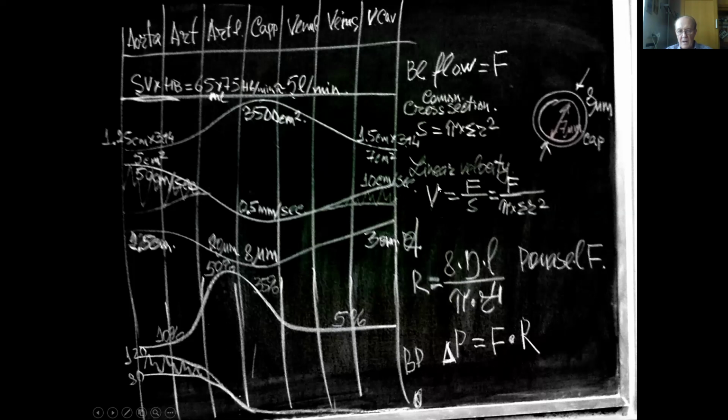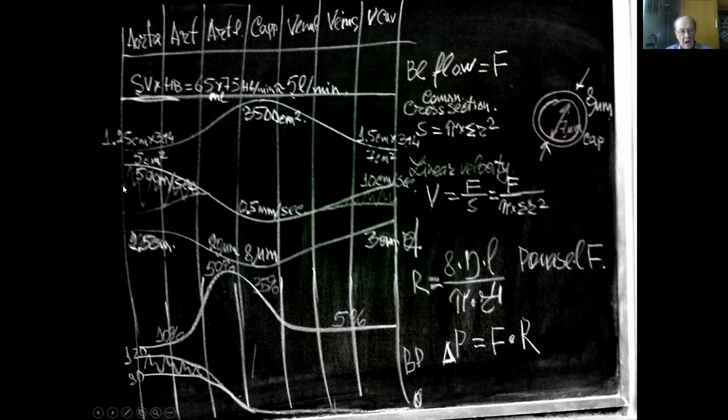Linear velocity V is the blood flow F divided by common cross section S, F divided by pi multiplied by the summation of R squared. And this dependence describes only the maximum linear velocity.